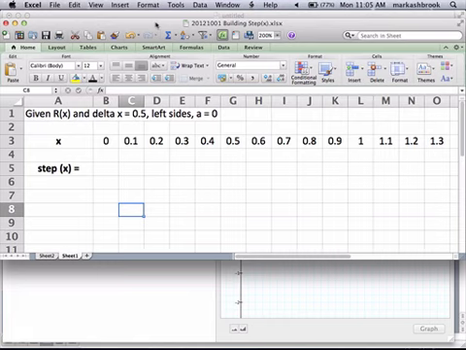Who thinks they have an idea? Talia, what was your idea? Just that a is 0, so you would do 0 plus, for the first step, 0 minus 0 over delta x, 0.5. But now we're actually talking about what the rate is.